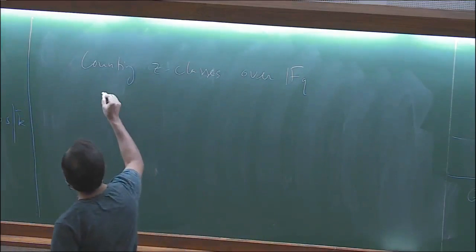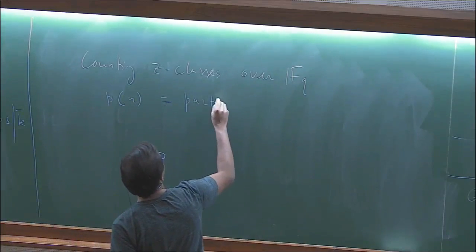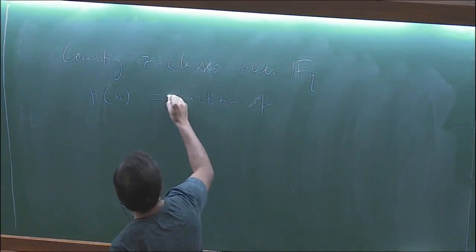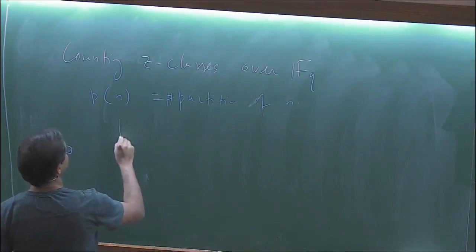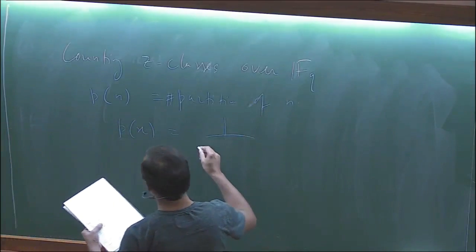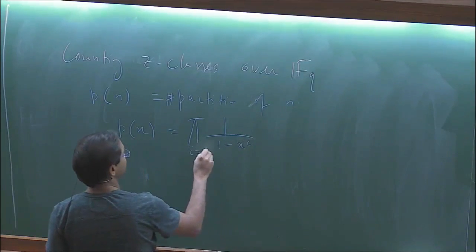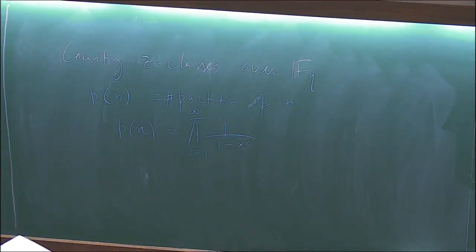For notation, Pn is the number of partitions of n, and the generating function for Pn is the product over i equal to 1 to infinity of 1 over 1 minus x to the power i. That's just for notation.